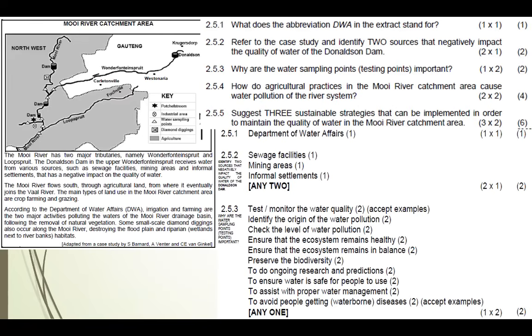So what is important with this is you must know the strategies. Suggest 3 sustainable strategies that can be used. Most of the answers that are common with this will be the strategies. What is key here? You must know what the abbreviation DWA stands for. DWA stands for Department of Water Affairs.